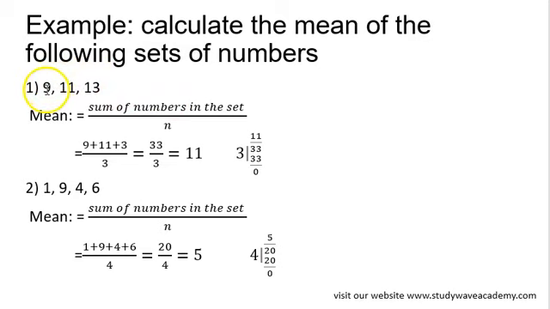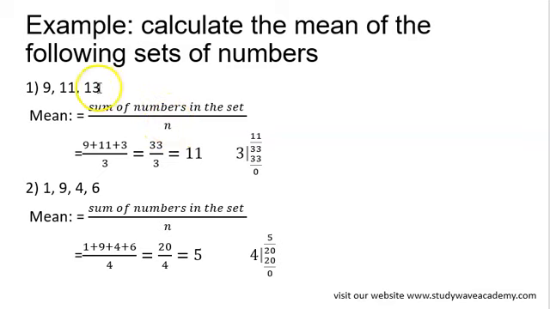Number 1, we have 9, 11 and 13. We first write our formula: mean equals the sum of numbers in the set over n, where n means the number of values.